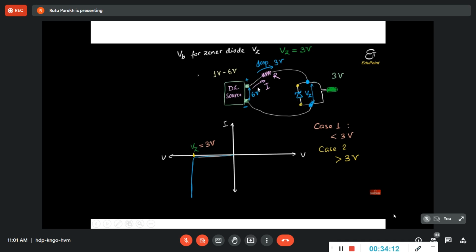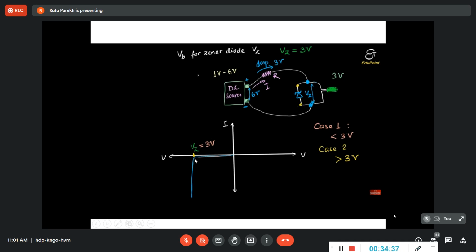And irrespective of that, if this is a 3-volt Zener and the voltage is 4 volt, across this it will give 3 volt only. So the LED will get 3 volt because it's a 3-volt Zener, irrespective of the fluctuations happening here. And this is the nature of the Zener. When I say 3 volt, it will be conducting at 3 volt.